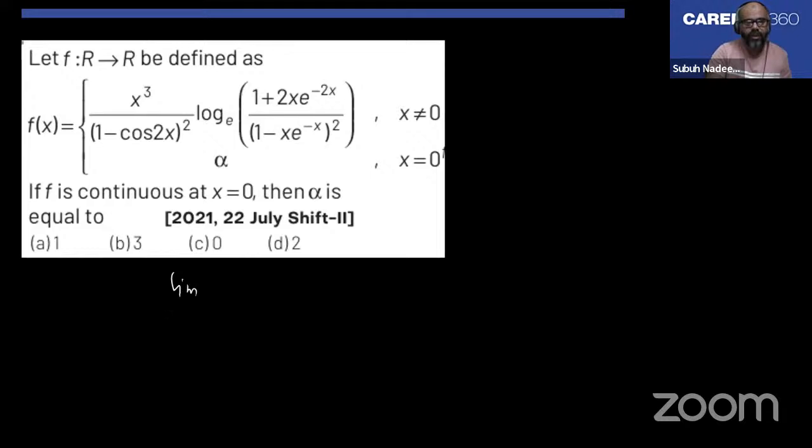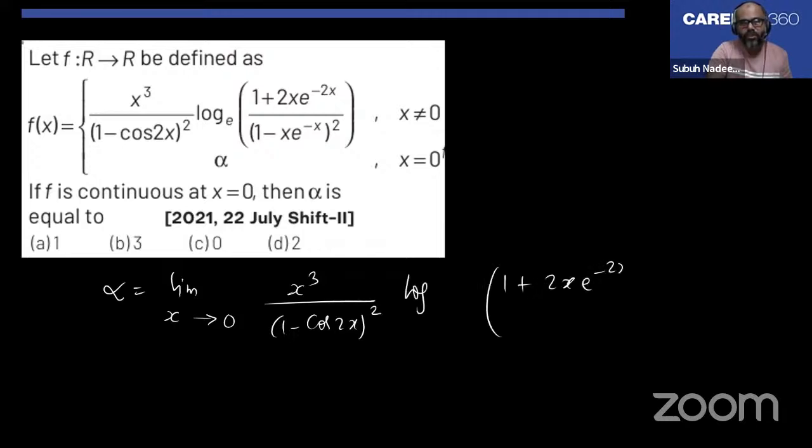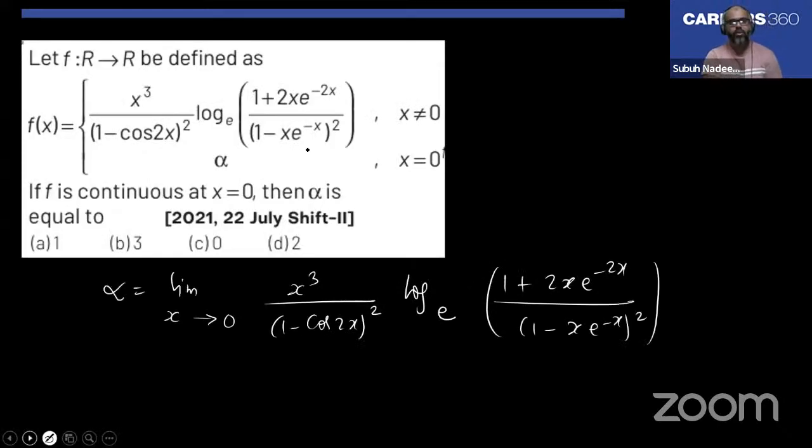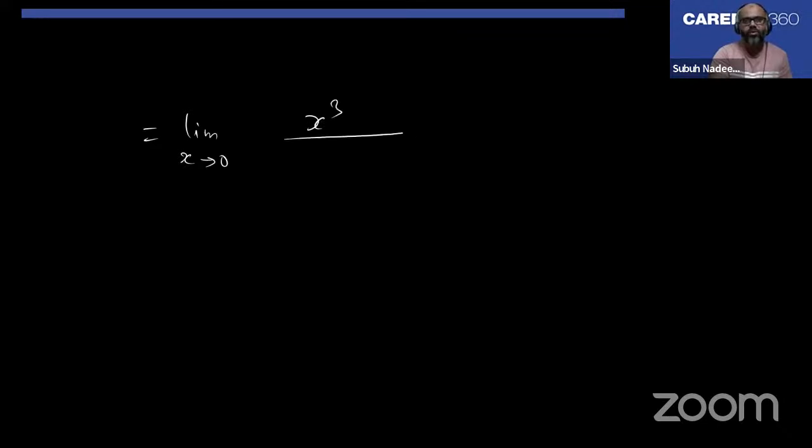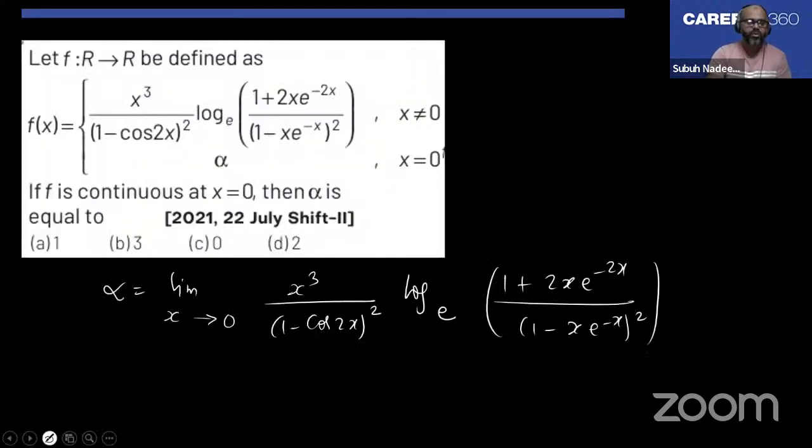So what we have to find, alpha is limit x approaching 0, x cubed by (1 minus cos 2x) whole square, log to the base e of (1 plus 2x e to the power minus 2x) by (1 minus x e to the power minus x) whole square. So it will be limit x approaching 0, x cubed by (1 minus cos 2x) whole square. So 1 minus cos 2x is 2 sine square x.